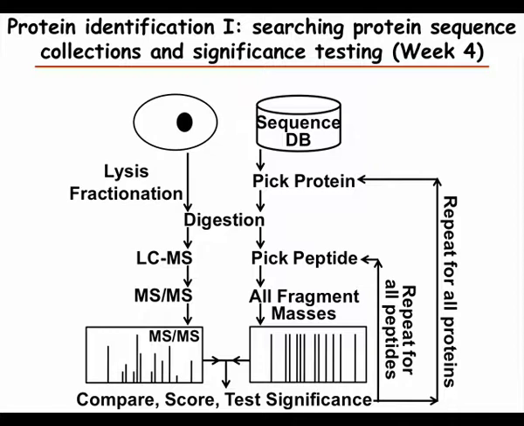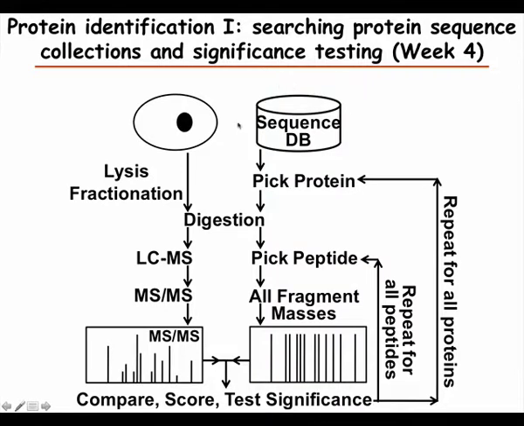In the fourth lecture, we're going to talk about protein identification. This is what most people are familiar with: you take fragment mass spectrometry and compare it to a database. In the experiment, as we said before, we take the cells, slice them, digest the proteins, separate them with chromatography, and then collect fragment mass spectra.